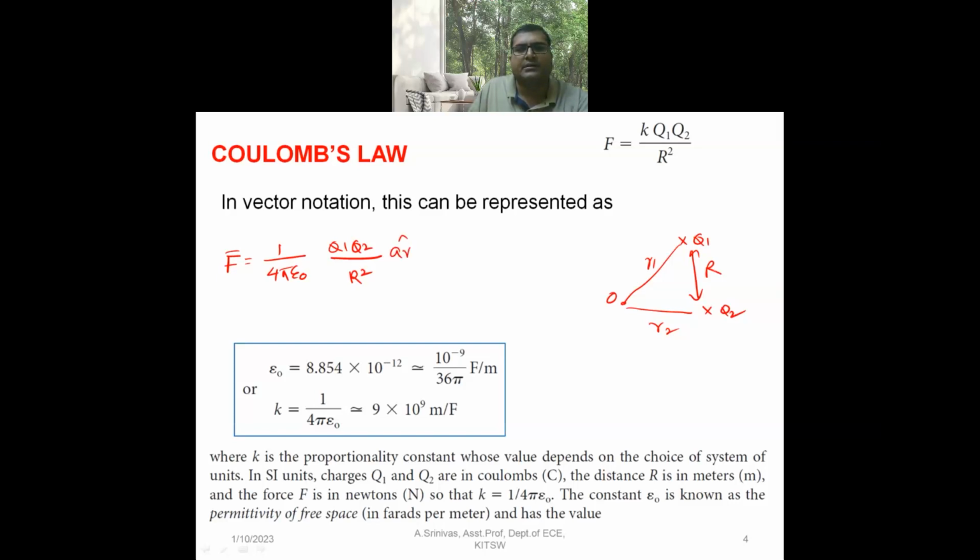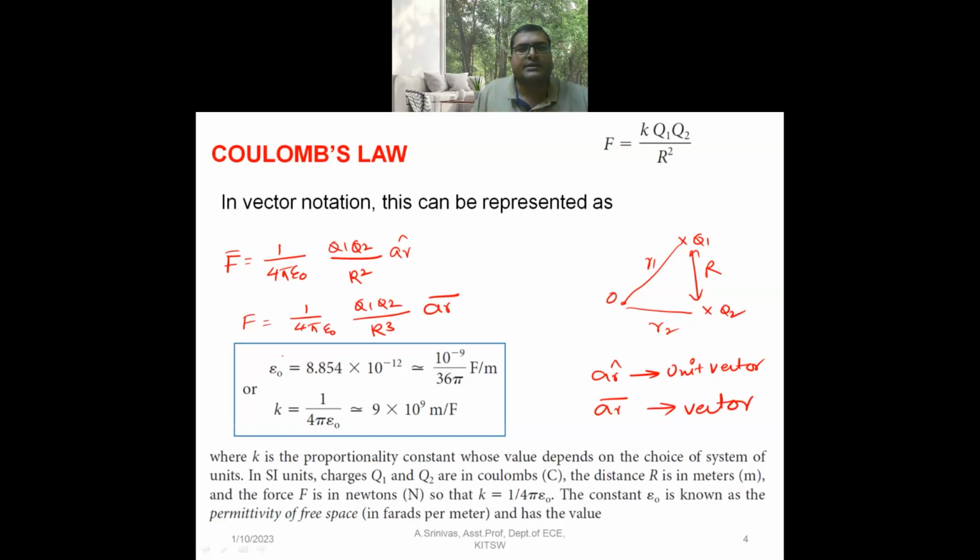Let us assume some charge Q1 and charge Q2, with the origin as reference, Q1 with position vector R1 and Q2 with position vector R2. R is the distance between Q1 and Q2. AR cap is the unit vector along the line joining them, and this can also be formulated as 1 by 4 pi epsilon naught Q1 Q2 by R cube AR bar, where AR cap is the unit vector and AR bar is the vector.